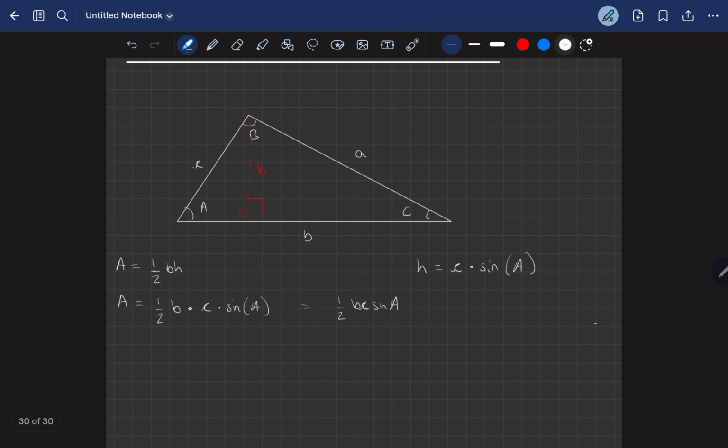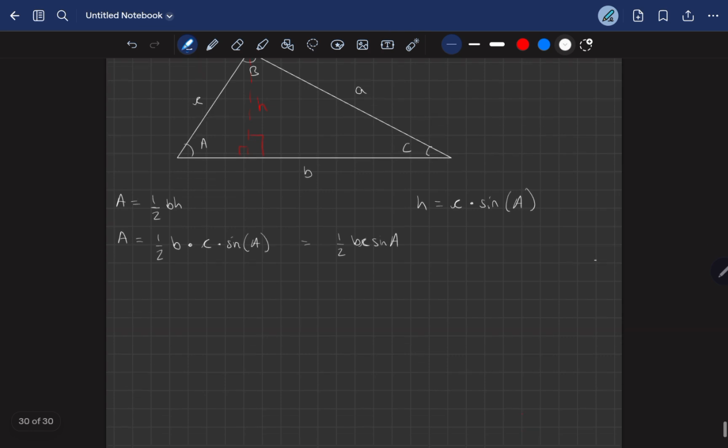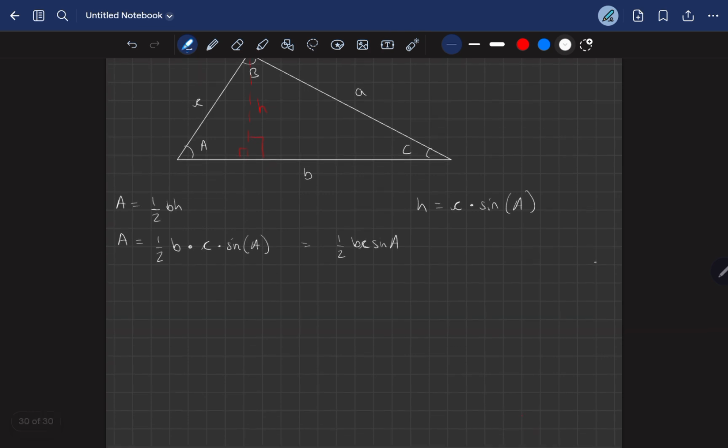Now, this is true for all triangles. Let me draw another triangle and show you how that works. Here we have another triangle. Let's label this as C. So this is angle C. This is A. This is B. Okay.